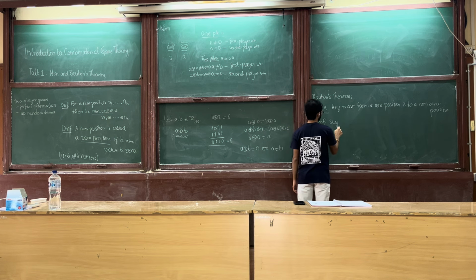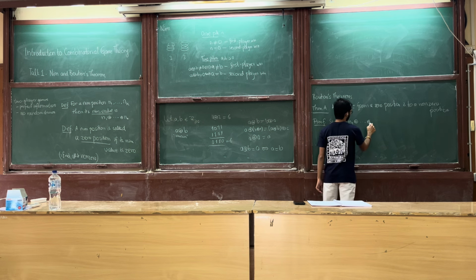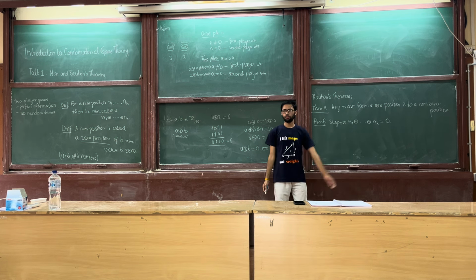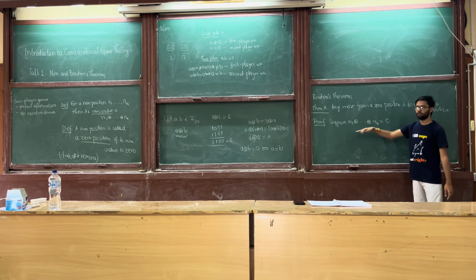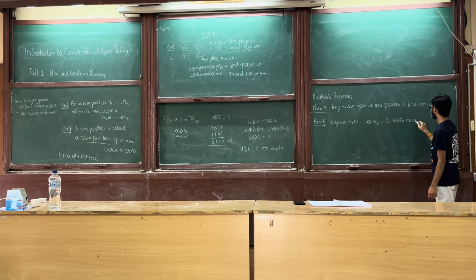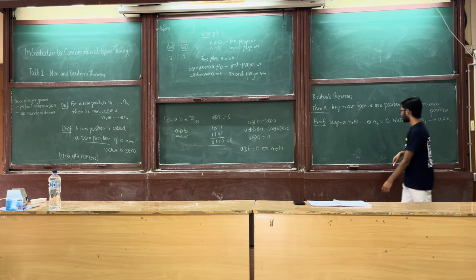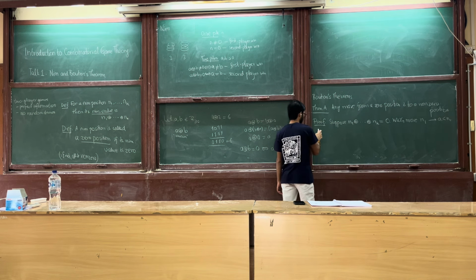Suppose you have a zero position, and let's say the move is, without loss of generality, in the pile n1. So assume that the move is from n1 to some a, which is then forced to be smaller than n1. Then what we want to say is that a nim-sum n2 nim-sum dot dot dot is non-zero.